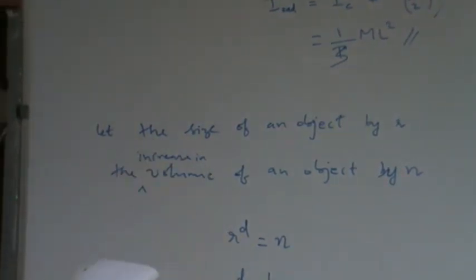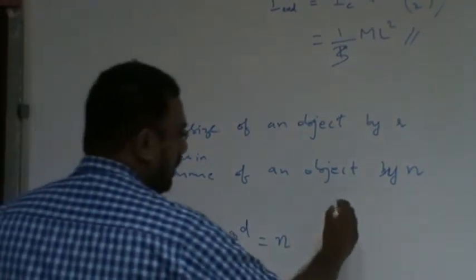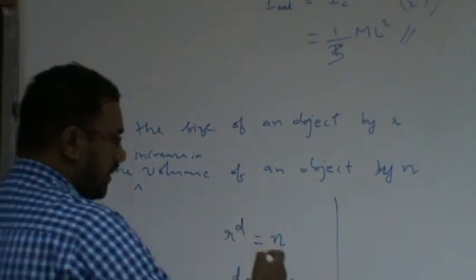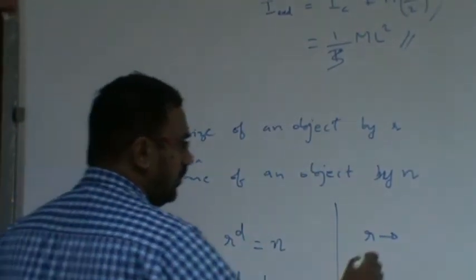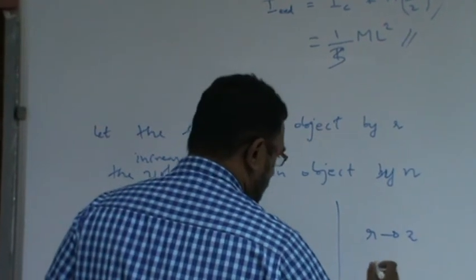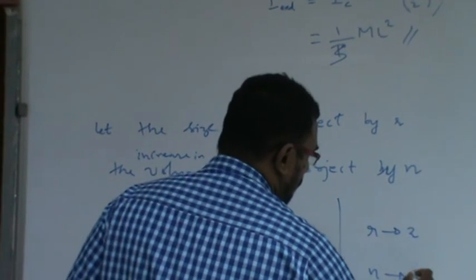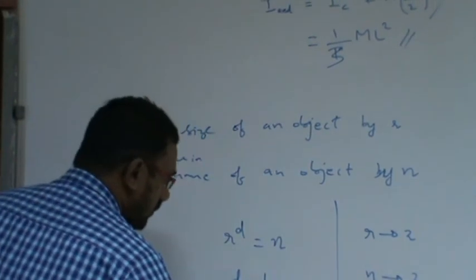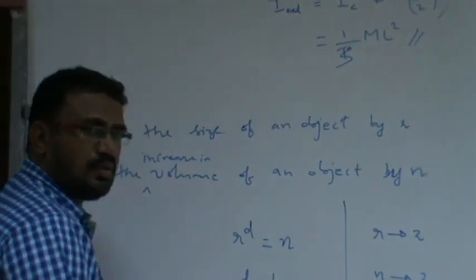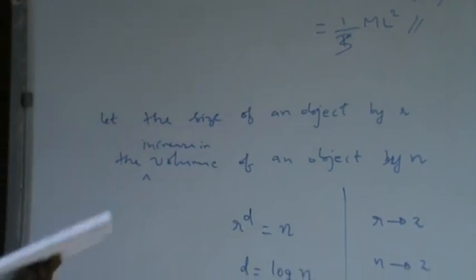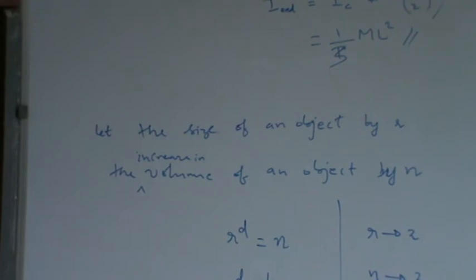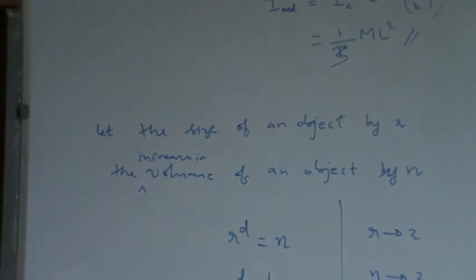For the previous case, the non-fractal one, R goes by 2 and N goes by 2. The previous problem has no volume; it's a thin rod, and mass is proportional to length.